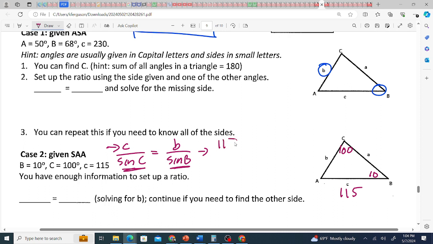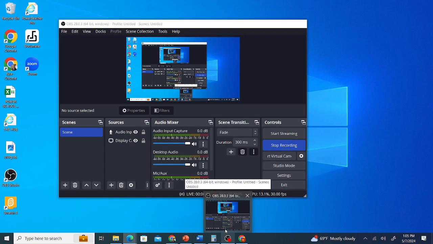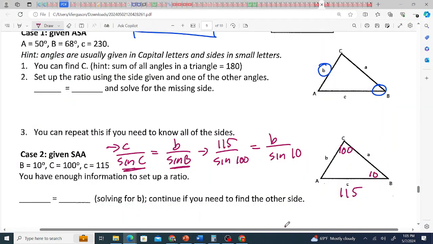So that's 115 over sine of 100, and that should equal B over sine of 10. And so then I just cross multiply this: multiply those two things and divide by that. What's that, 115 times sine of 10?